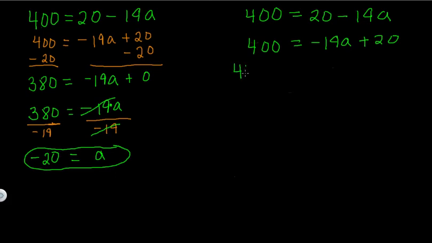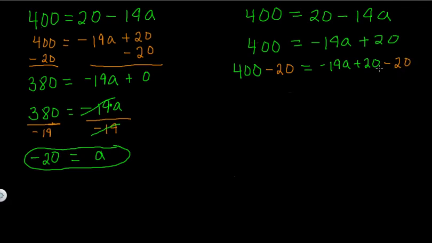So we're going to have 400 minus 20 is equal to negative 19a plus 20 minus 20.